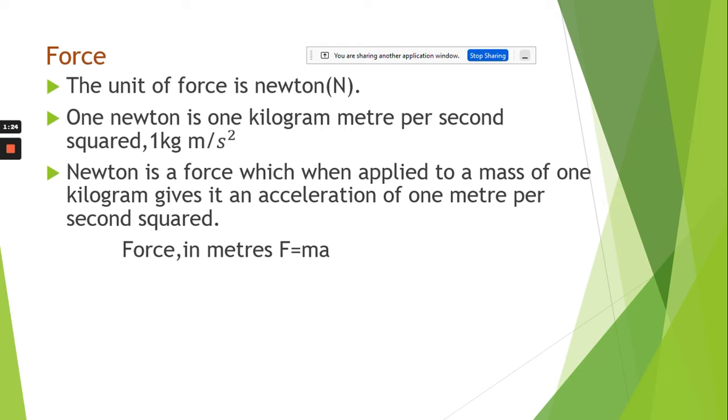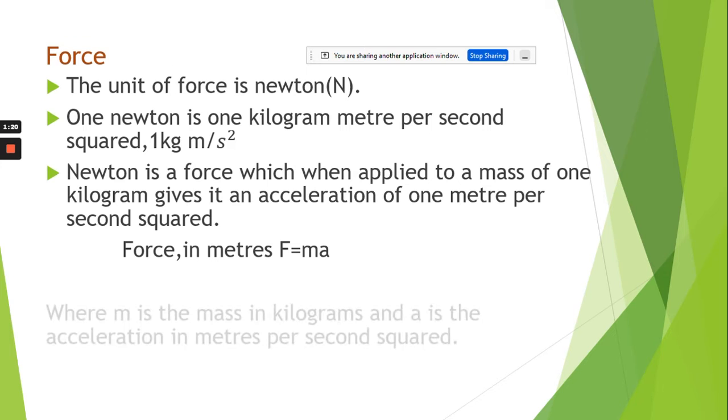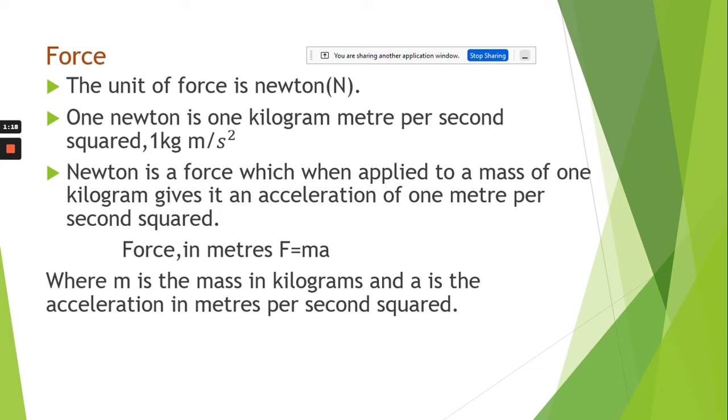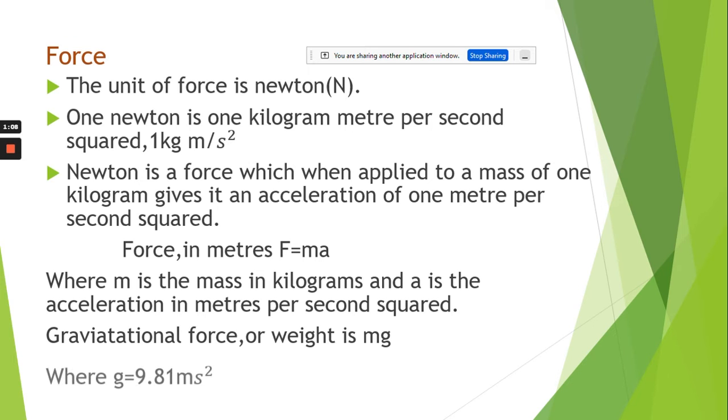Force is given by the product of mass and acceleration, and we have mass in kilograms and acceleration normally in meter per second squared. Whereas in gravitational force we have the acceleration given by 9.81 meter per second squared.